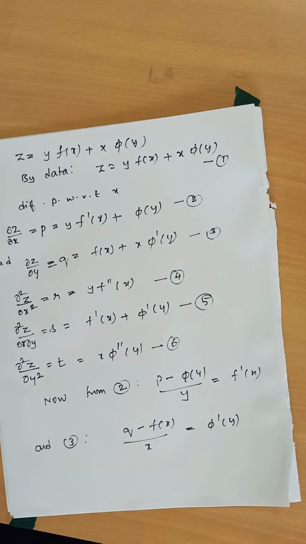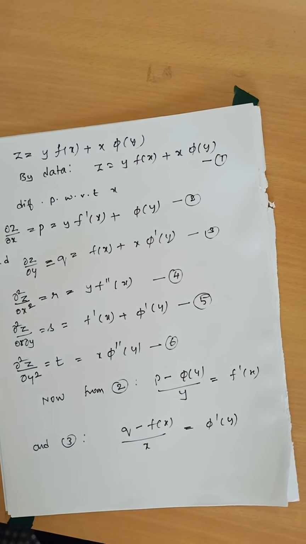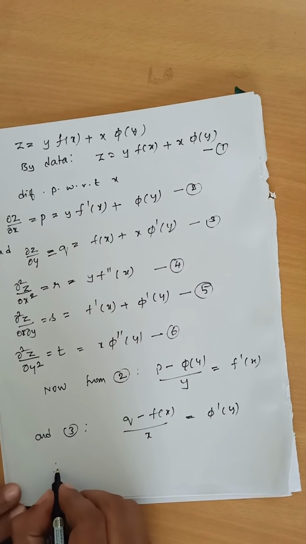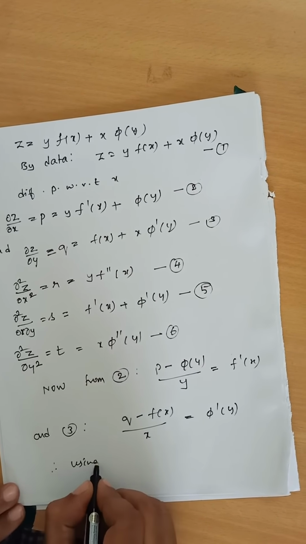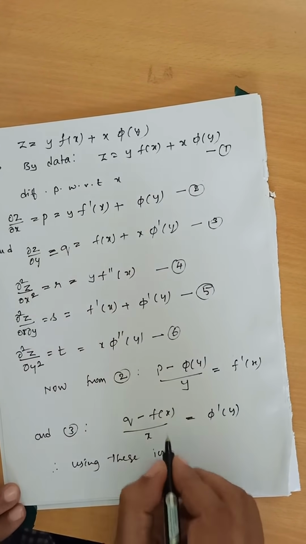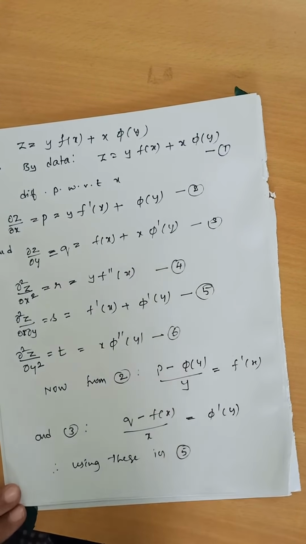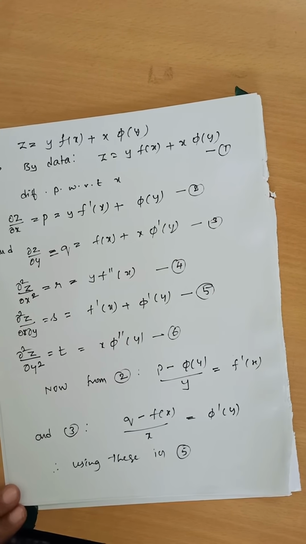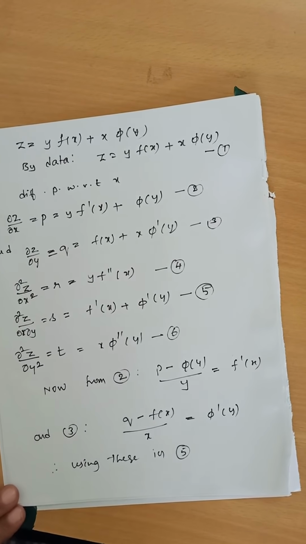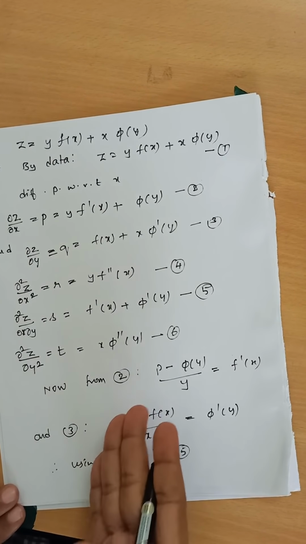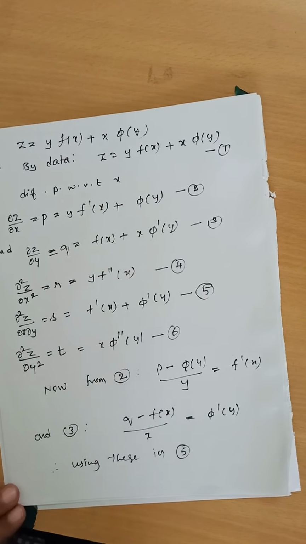So we have f dash of x and φ dash of y. Therefore, using this in equation number 5 is the unique option to eliminate the arbitrary functions. If you have any other method to eliminate arbitrary functions, you can do it, but I can say this is the unique option.